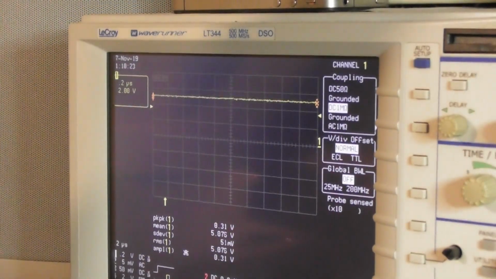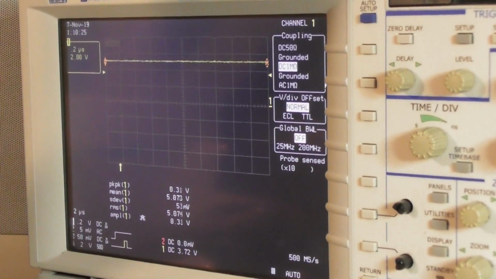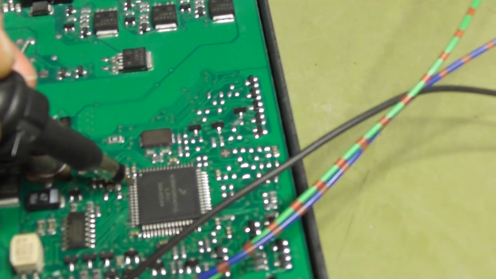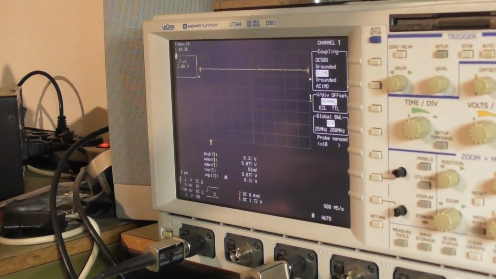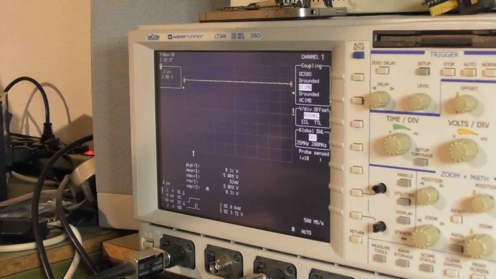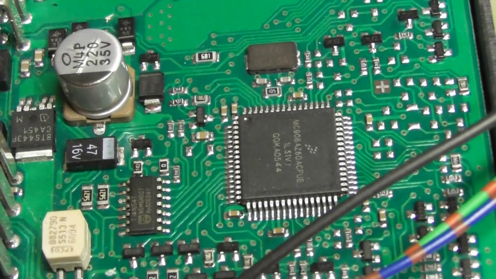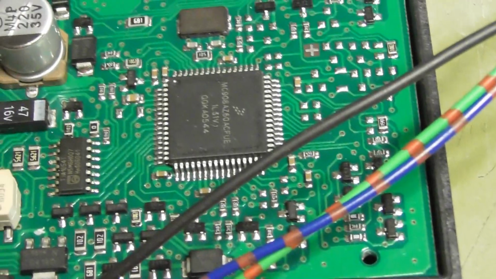That's not normal. Why? From where does this reset command come? From the Motorola itself or from outside? Interesting. I think the next thing I'm going to do is lift this pin and see what happens.